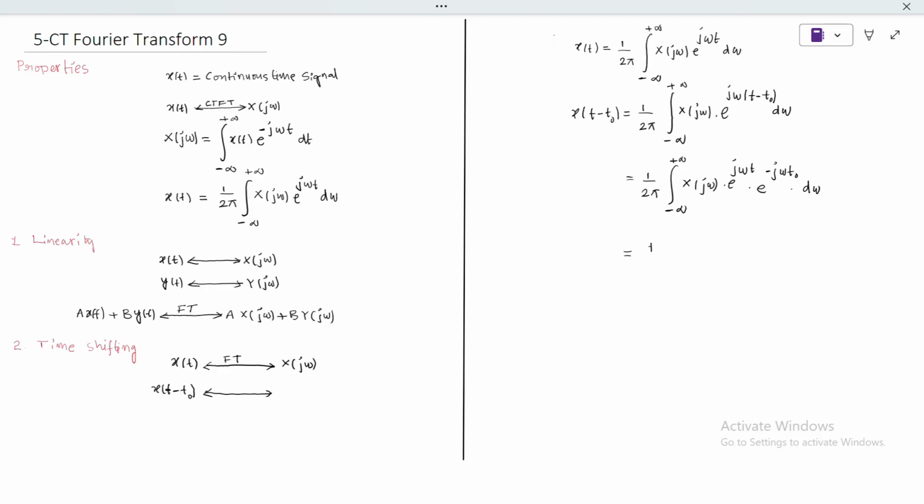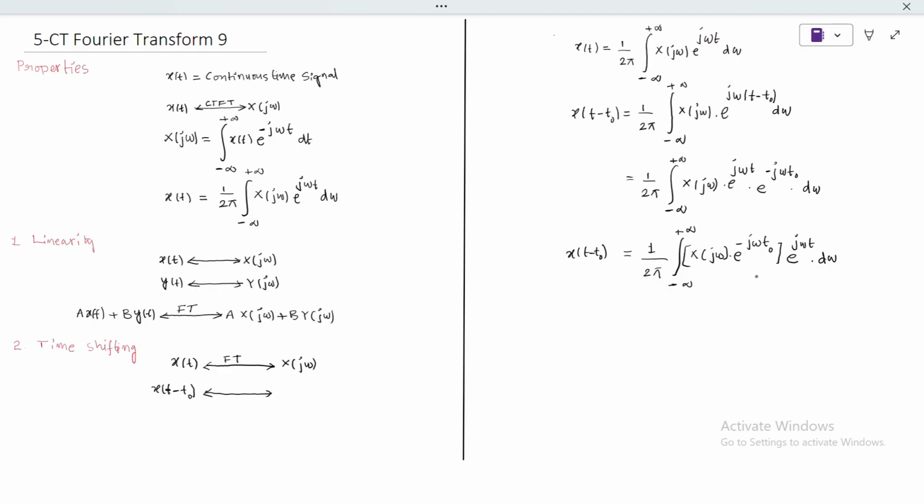So I'm writing in the form of something, x of j omega into e power j omega t. So here I'm writing x of j omega into e power minus j omega t naught. So this is the formula for x of t minus t naught.